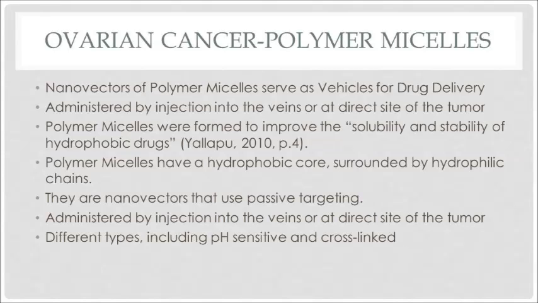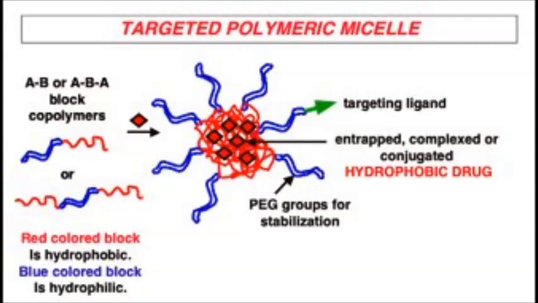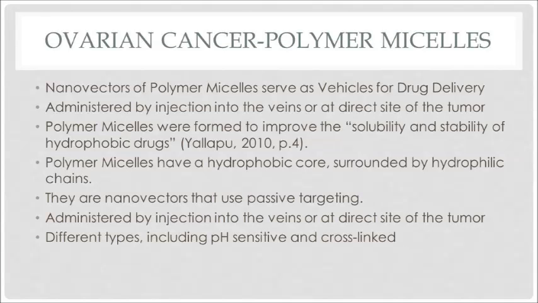Hydrophobic drugs can be encased within the hydrophobic core of the polymer mineral, whereas hydrophilic chains increase the survivability of the polymer minerals in an aqueous environment by increasing aqueous solubility and allowing for drug dispersion within the tumor cells. They are effective forms of nanovectors that use passive targeting. They are in relatively early stages of development, although their use has reached clinical stages within the United States.